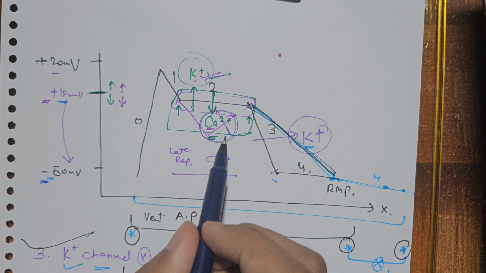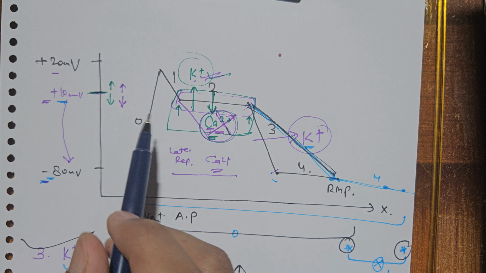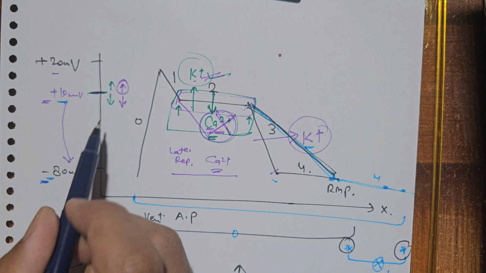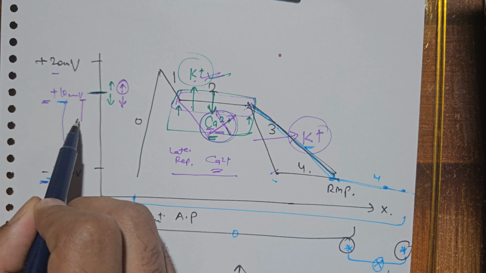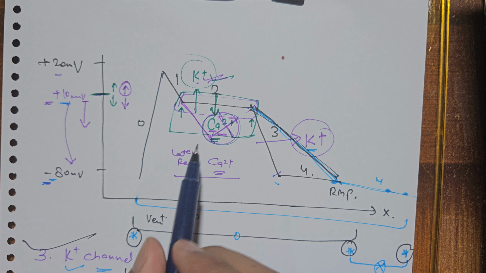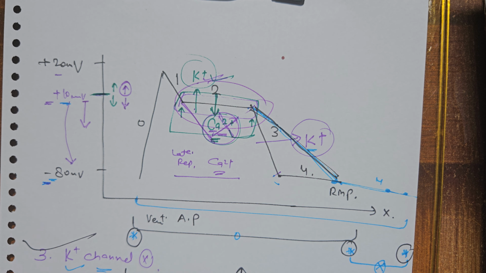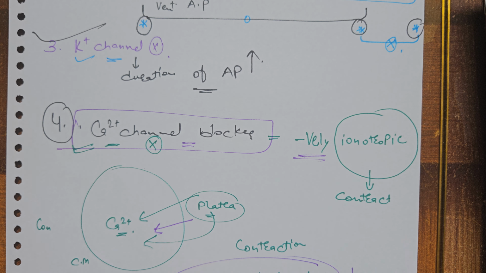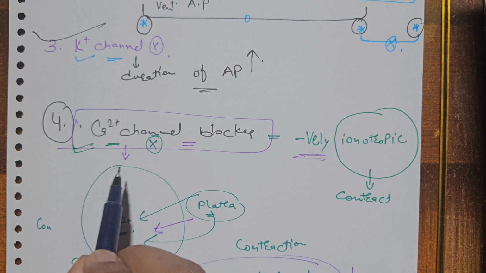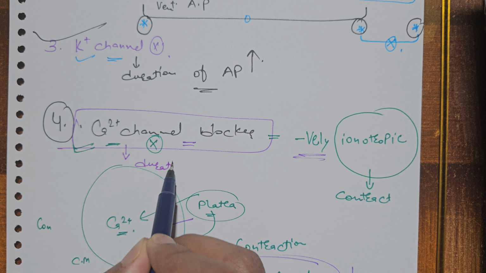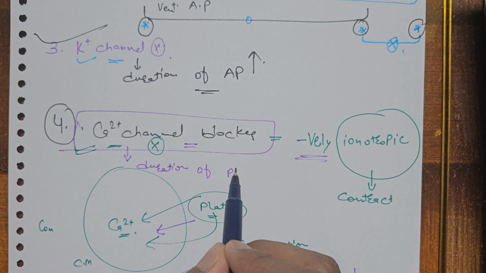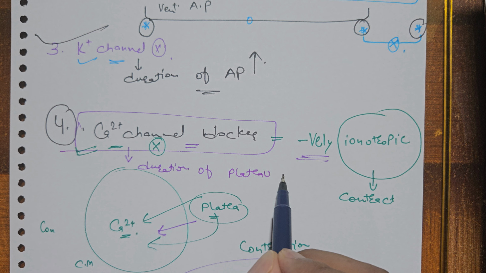Clear? Now these positive calcium channels are blocked. Now the positive charge is only leaving the cell, so it will take the potential from positive towards a negative value. That's like this. That means the duration of this plateau phase will decrease. So what is another effect of these calcium channel blockers? The duration of the plateau phase will decrease.